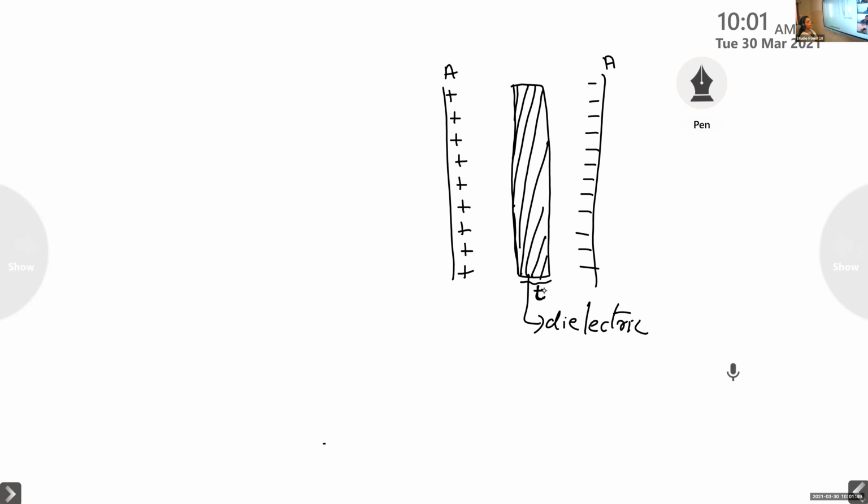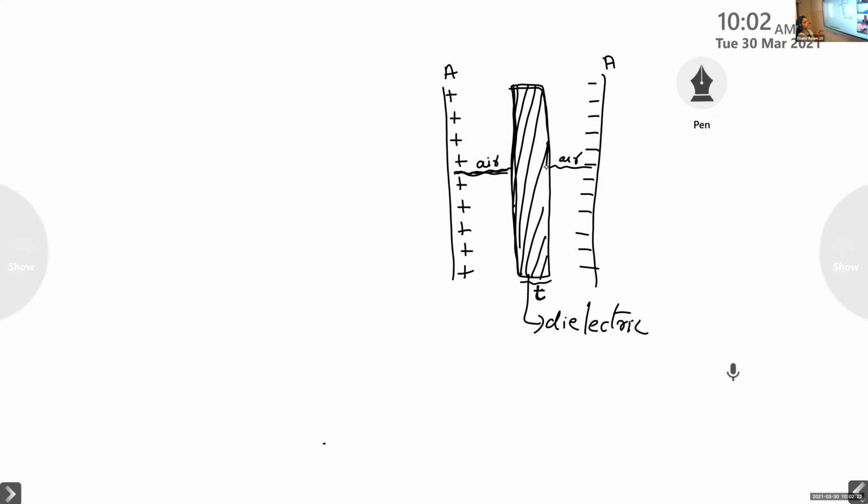Now, this much distance, from the first conductor to the dielectric, is separated by air as a medium. In the middle, we are placing the dielectric. Again, we have air here. So between these two conductors, two mediums are present: one is air, and part of the gap is filled with the dielectric.